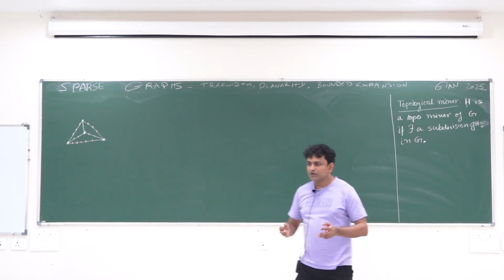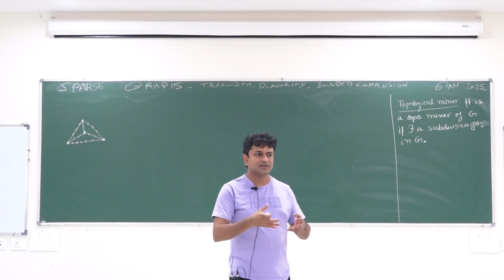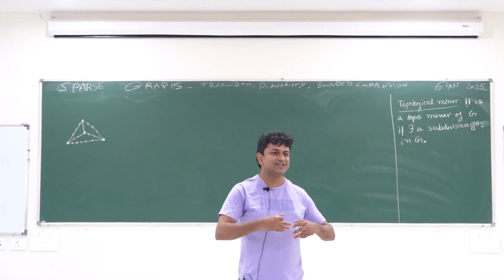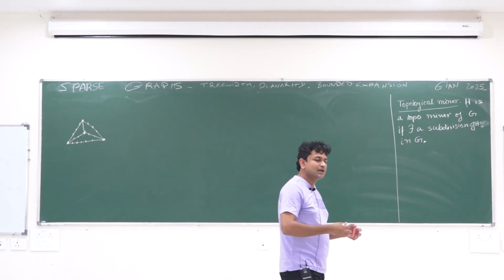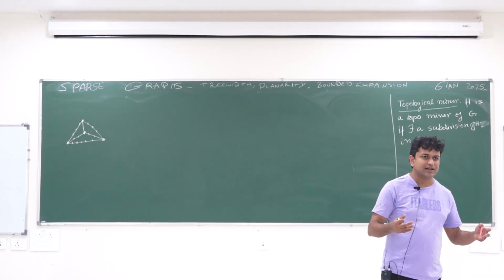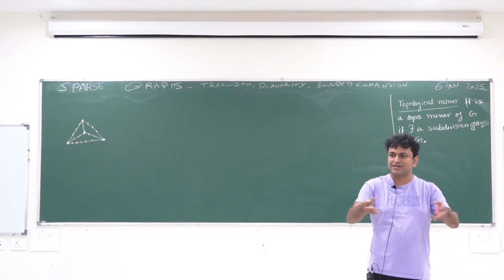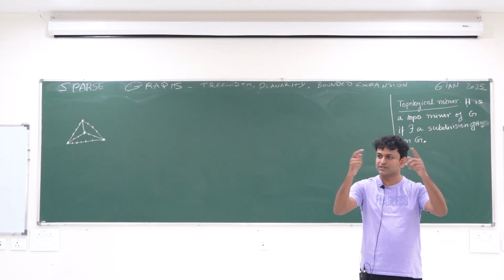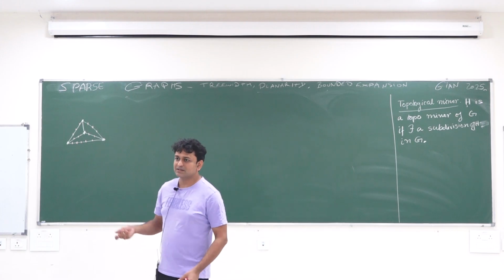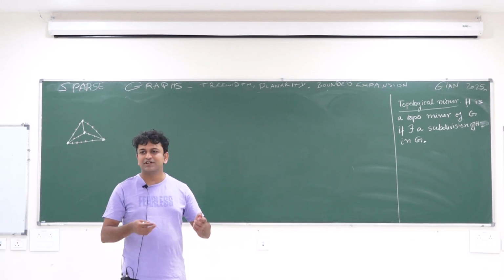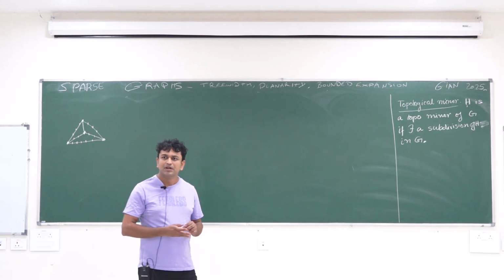So if you want to view H as sitting inside G somehow, what you want to do is subdivide H and then find a subgraph inside G that is a subdivision of H. It doesn't matter how many times you subdivide H. So if you do 0 subdivisions, it is just a subgraph.